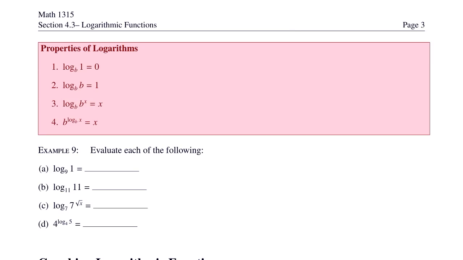If we have log base b of 1 is equal to 0, then that comes from b raised to the 0 power is equal to 1. Two, log base b of b is equal to 1. That comes from the exponential b raised to the first power is equal to b.